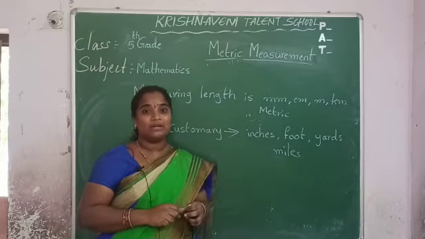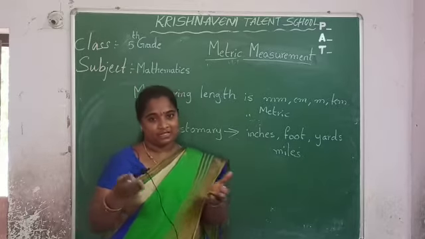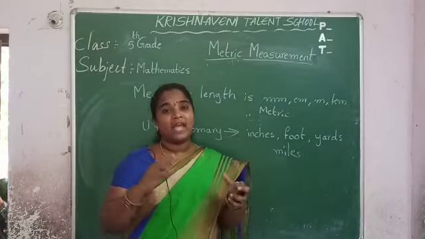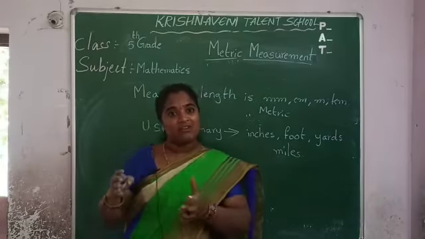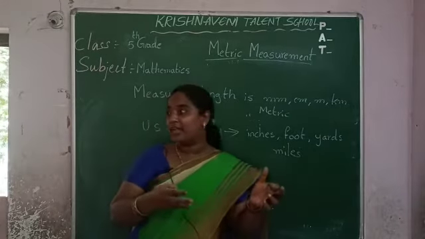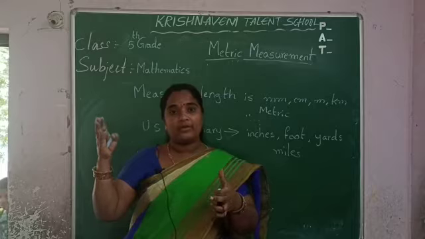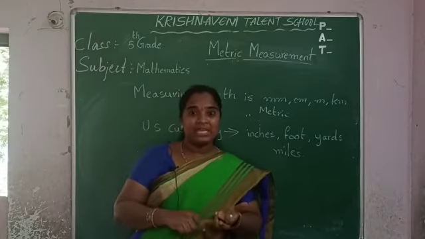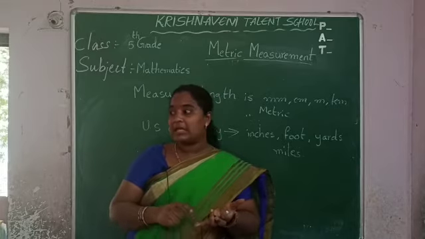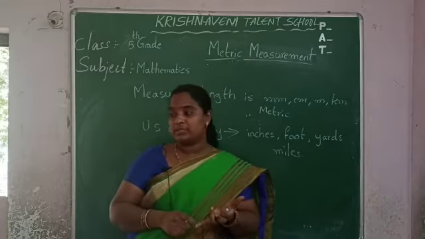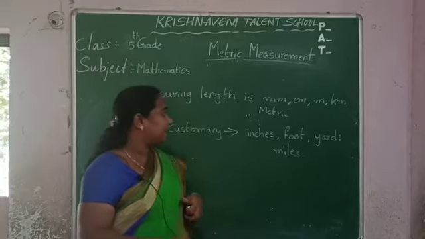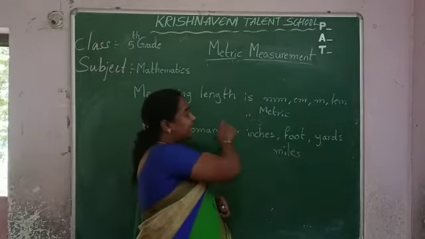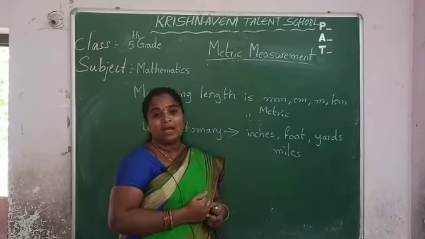These are used for example for the area of a house, area of a building, area of a building land. There you can use square feet and yards. Everyone clear here?